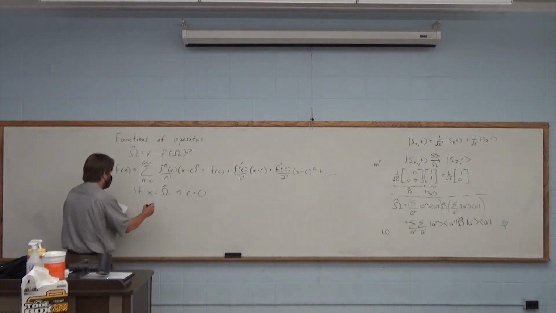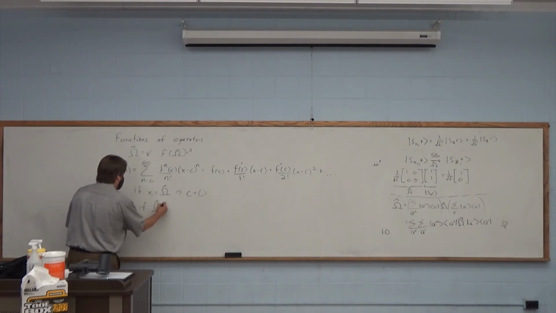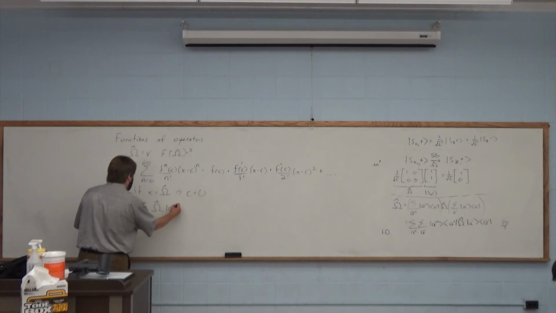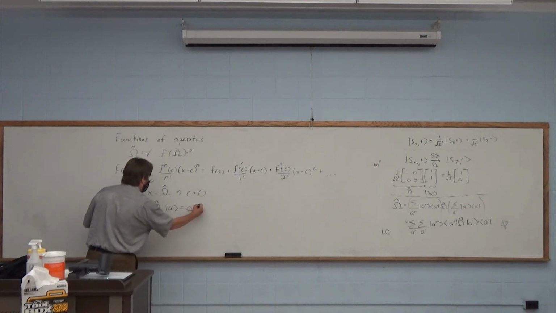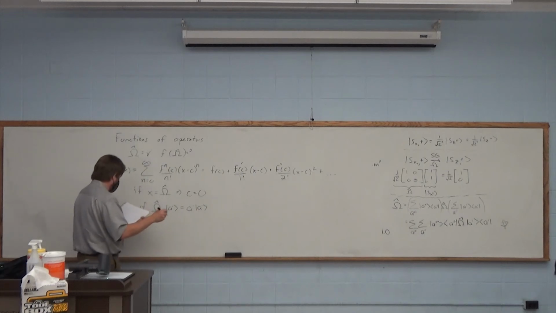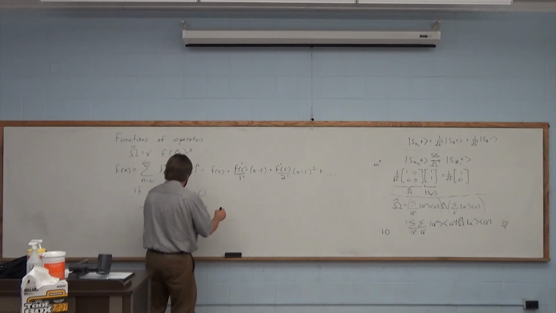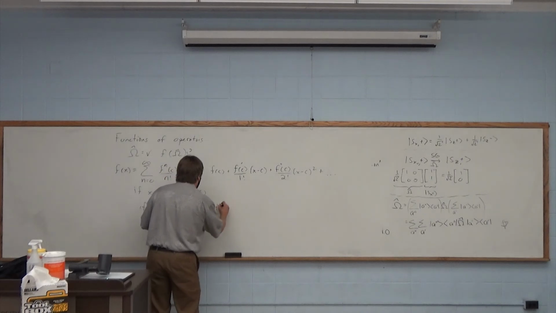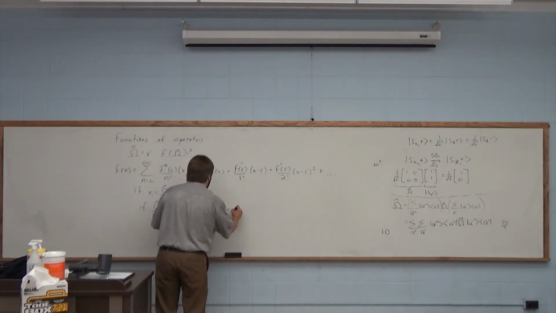We'll work with eigenstates. So I'm actually writing the eigenvalue. If this is the case, now this is the take-home message, and then we're just going to work some examples.